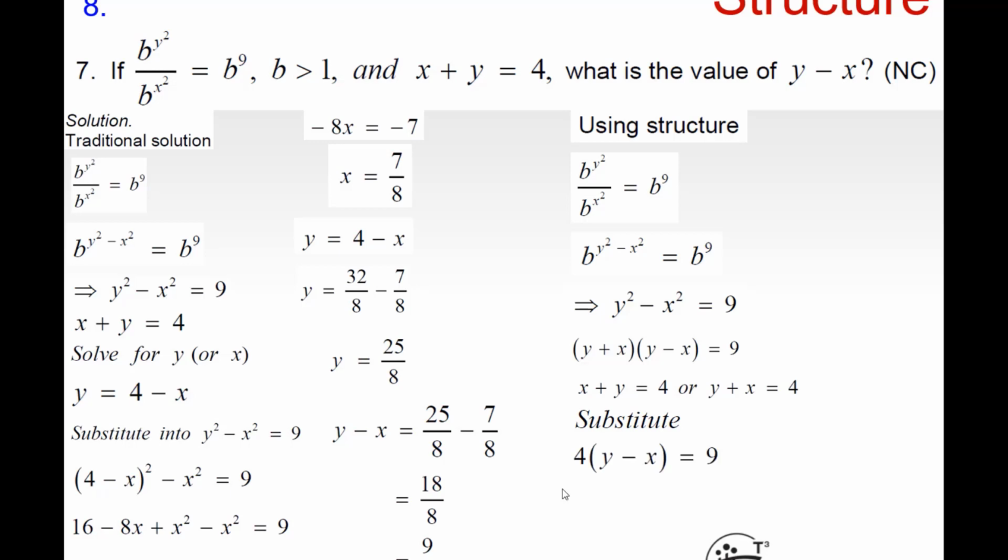So I can substitute and replace y plus x with 4, leave y minus x alone and 9 alone. And some of you might be tempted to distribute that 4, but I think it would be much better if we divided each side by 4 and got the quantity of y minus x equals 9/4, which was what we were asked to find. Same answer, very different route. Press pause as needed.